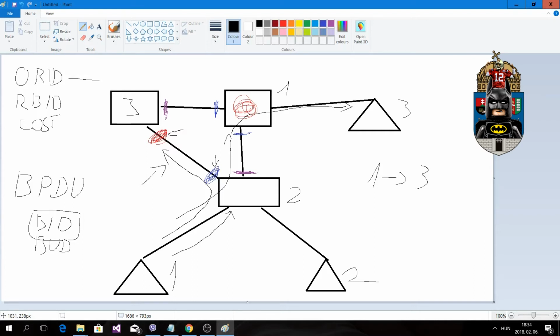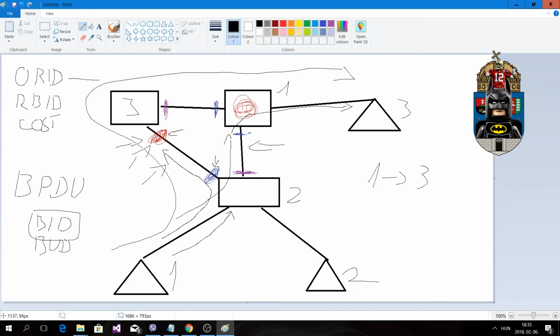And I believe this is called an alternate port, so if something happens with this cable, then this will be activated and the traffic can go through this direction.